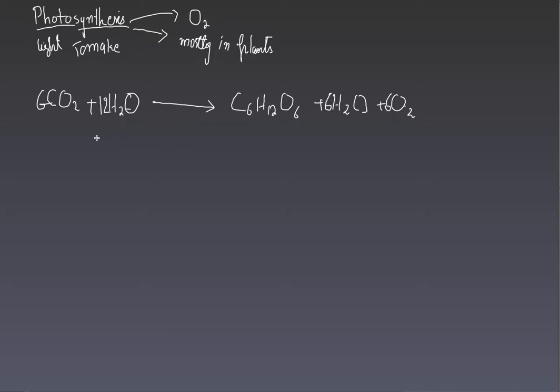Photosynthesis is a process in which we take carbon dioxide and water, and with the help of light energy, which is a source of energy, we take these two molecules and are able to generate glucose, water, and oxygen. If we subtract these, the equation would look something like this.